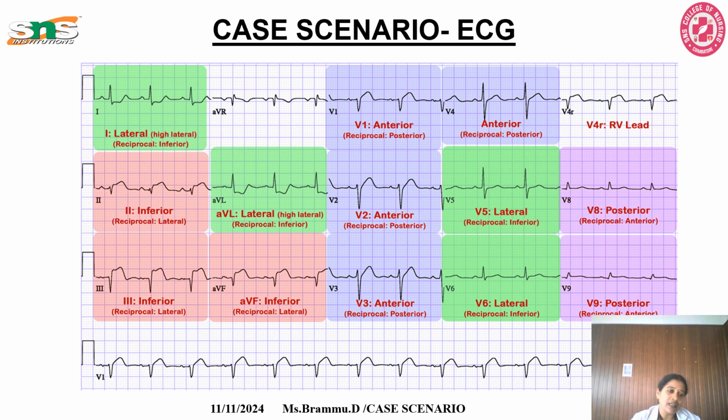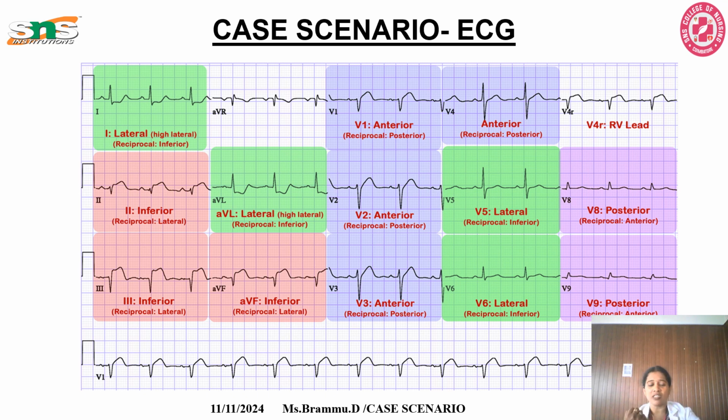So these anterior, lateral, posterior and inferior show which portion of the heart is not receiving blood supply. Might be you think that this is the heart. So in case the changes are showing in 1, AVL, V5 and V6, then that shows that the lateral wall of the myocardium is not receiving blood supply, which is the side portion.